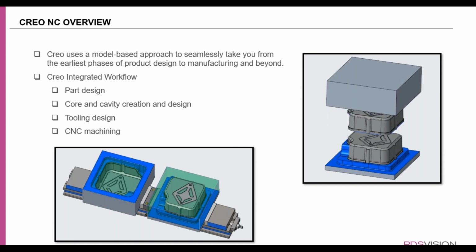You can do tooling design and jigs and features from that part design. Part centric is the main focus. What's nice is that if your part changes, that flows to everything else: your core and cavity will update, tooling design will update, your NC toolpaths will update. Everything is driven from the part that you've designed.